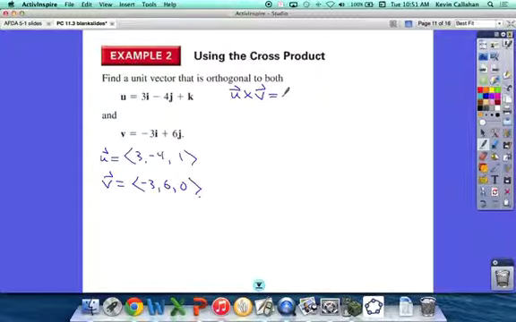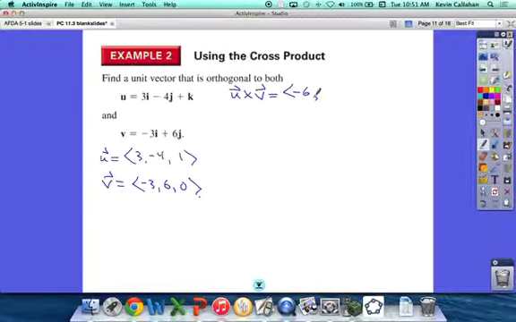is the first component, cover up the first column: -4 times 0 minus 6 times 1, which is -6. Right, 0 minus 6. Cover up the middle: 3 times 0 minus -3 times 1.